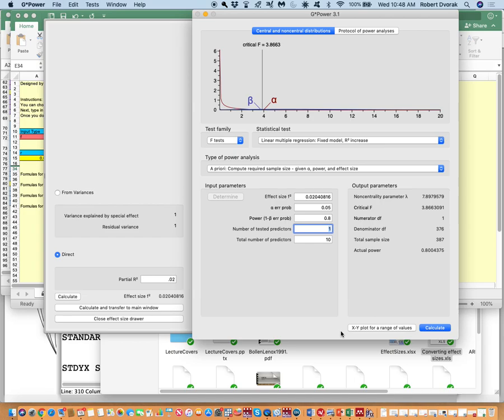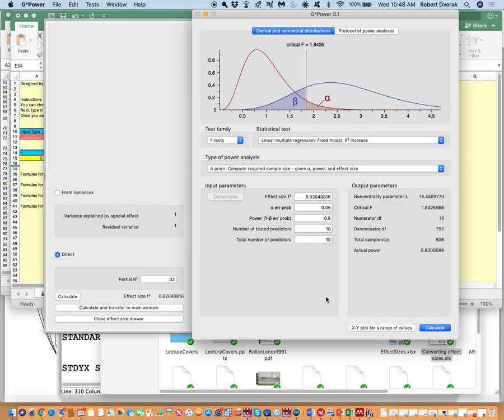Here you have one very powerful predictor, right? Here you have 10 very mediocre predictors. And in order to detect significant effects across all of those, you need to have more people. Does that make sense?